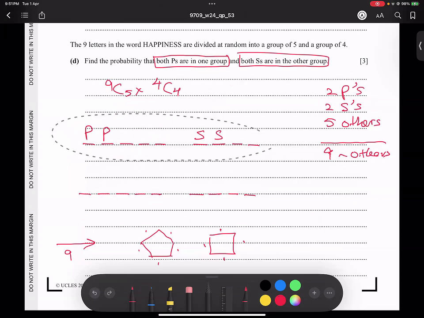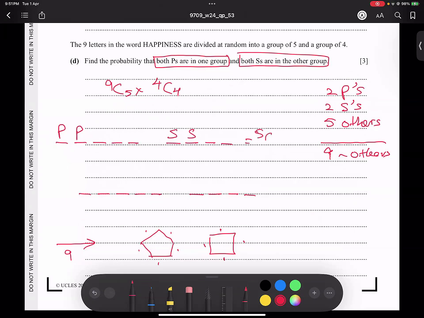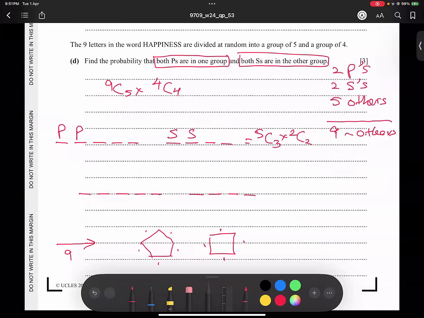I'm going to finalize it. So equal to 5C3. And out of 5, 3 letters are used, 2 left. And here 2C2. So 2C2, you write or you don't write, no problem at all. Logic, because 2C2 is actually 1.